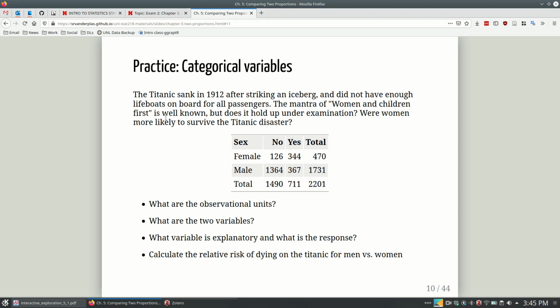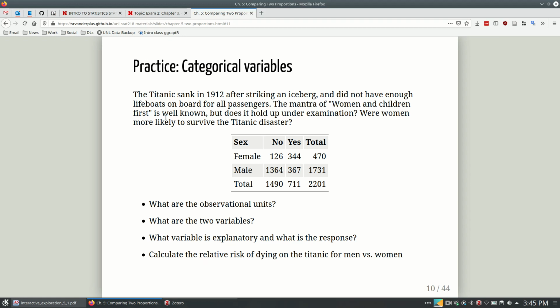I think they were trying to see whether it be male or female, so gender would be the explanatory.